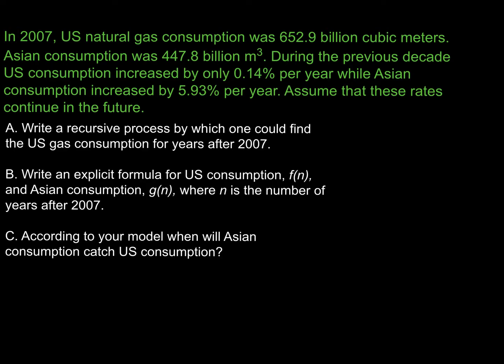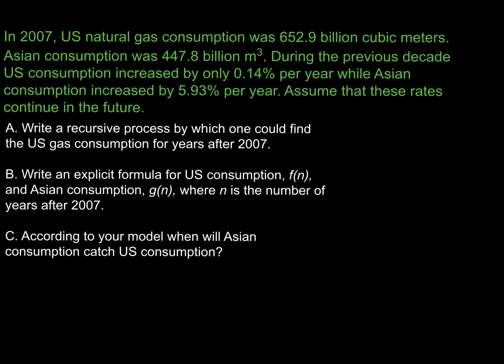What you'll notice here is that there's a big difference between how long it will take you to use a recursive process and an explicit formula. But what's most important to notice here is that we're dealing with a geometric sequence, because after each year we are increasing the percentage that either the US or Asia is consuming.